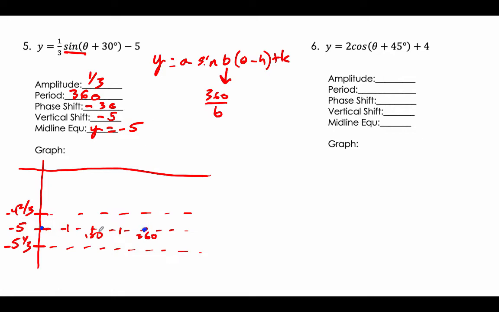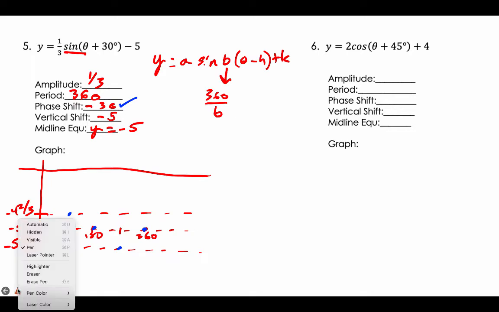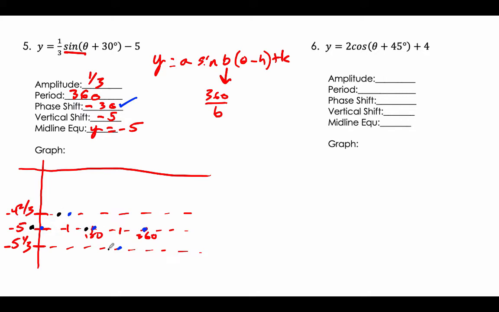I would end at 360, I'd go here, I'd go here, I'd go here. But remember, we want to go left 30. So now I'm going to move all these points. Left 30 is about here, left 30, left 30, left 30, and left 30. And now we go up, and we come down, and we go up, and we're good. And we moved everything left 30.